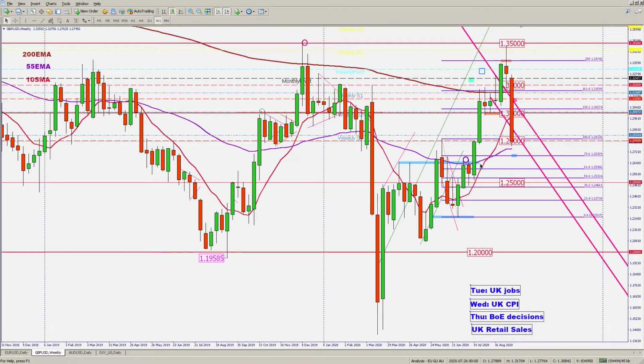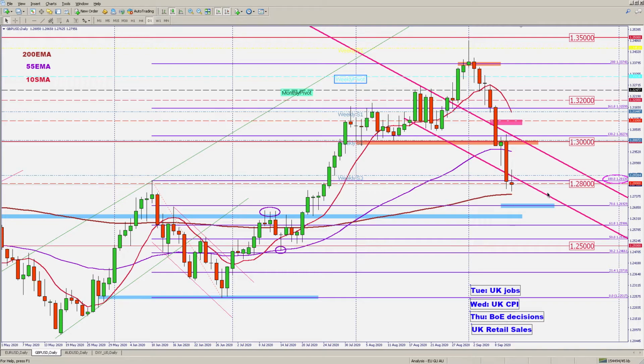There is also some support from these previous swing highs here. So this week is going to be a significant week for the cable and the sterling pairs.